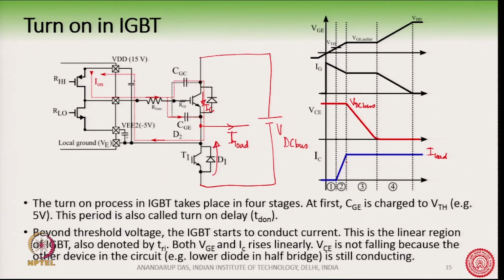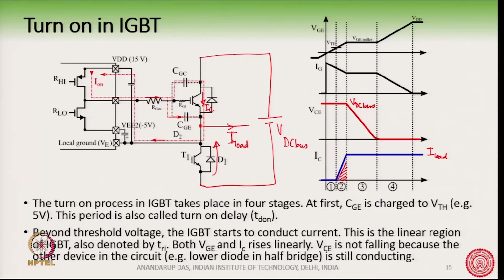If you plot the loss here, you will see that there is a loss happening in this region, stage 2, because there is an IC current and there is a VDC voltage, and the loss is linearly rising here.